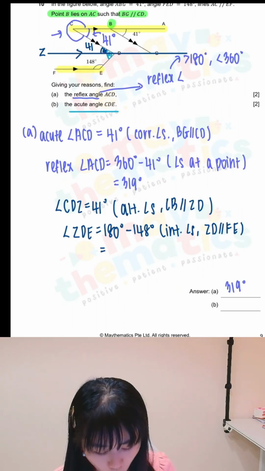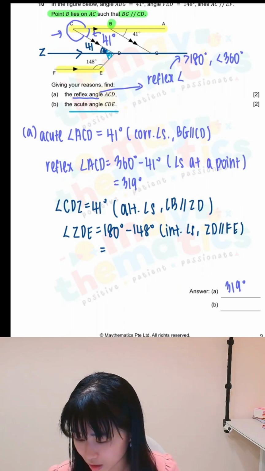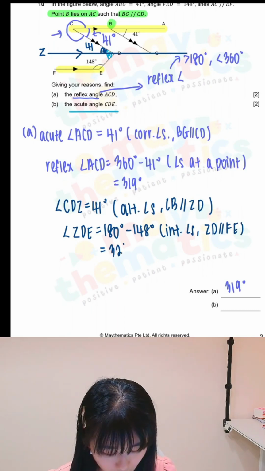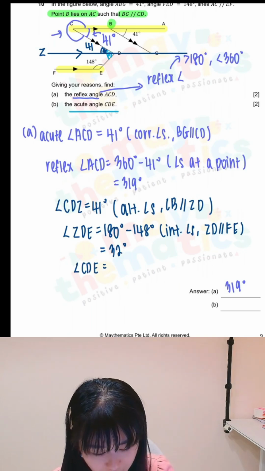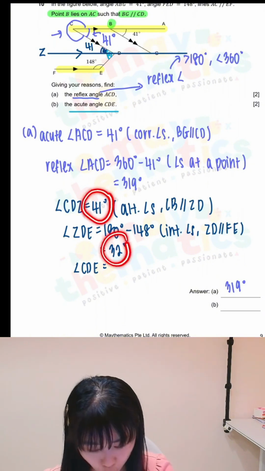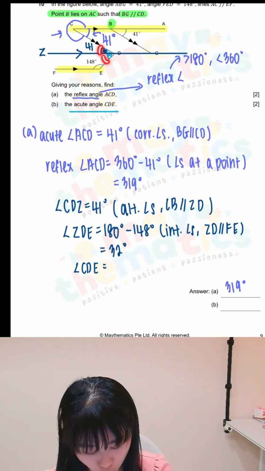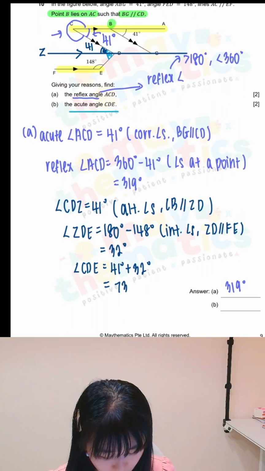So 180 minus 148, you will get 32 degrees. To find angle CDE, which is basically this and this, you take 41 plus 32, because here is 41, here is 32. So 41 plus 32 degrees, you will have 73 degrees.